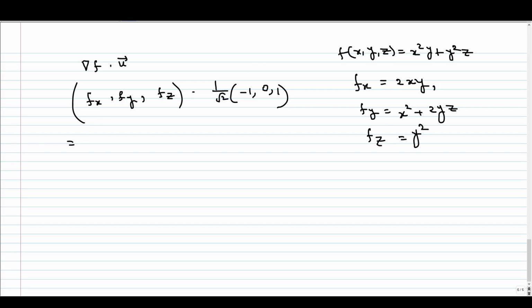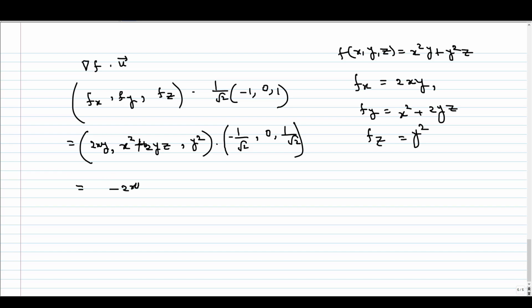So if I write this down here, (2xy, x square plus 2yz, y square), and take the dot product with (minus 1 by root 2, 0, 1 by root 2), taking 1 by root 2 inside the vector, if I calculate it, I will get minus 2xy by root 2 plus y square by root 2.